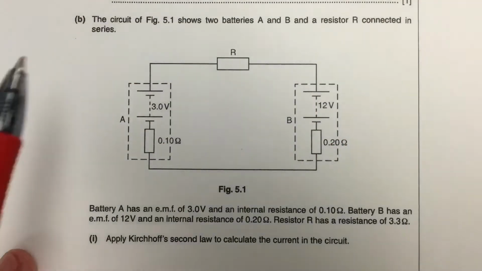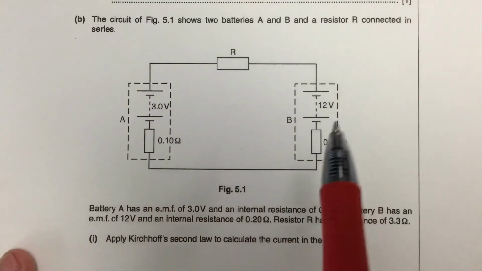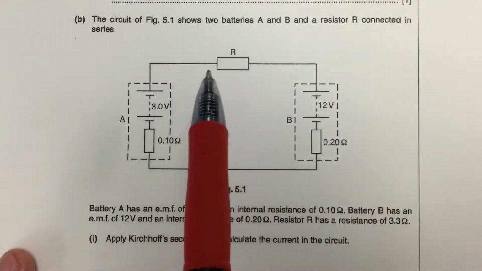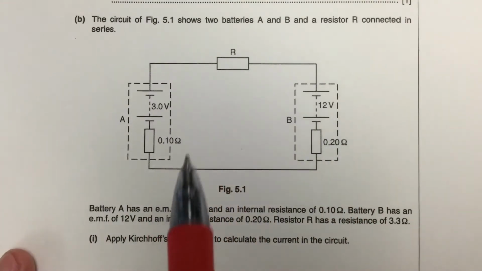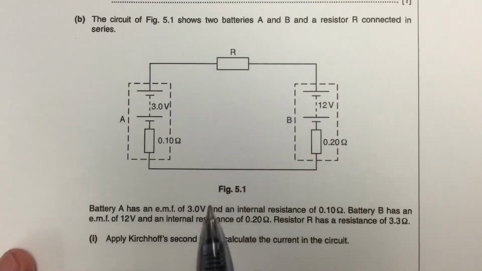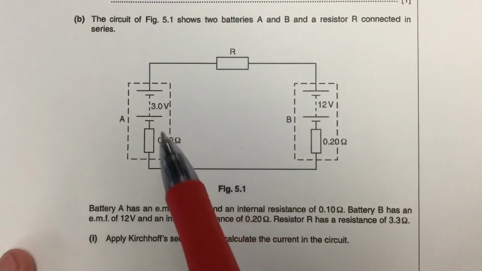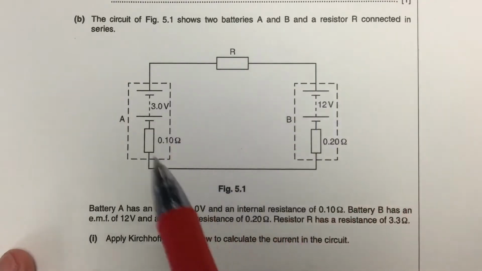Now, this circuit shows two batteries, A and B, and a resistor R connected in series. If they are connected in series, the current flowing through the circuit is the same for all of them.